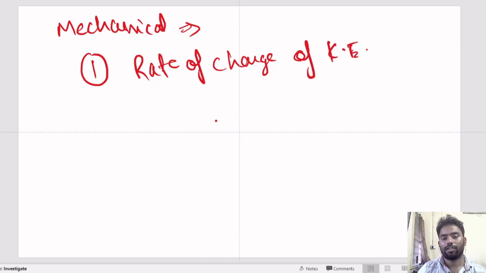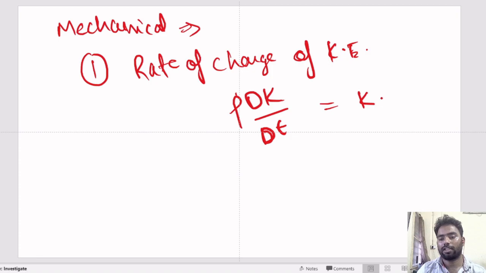This term we can write as rho dk upon dt, where k is the specific kinetic energy, which can be written in a simple form as u square upon 2.